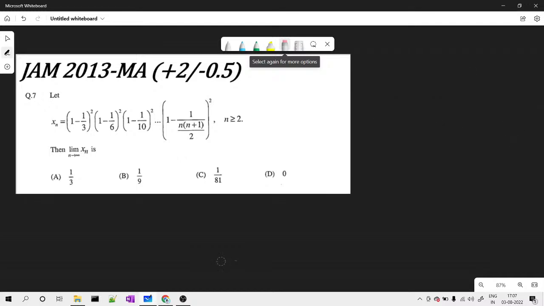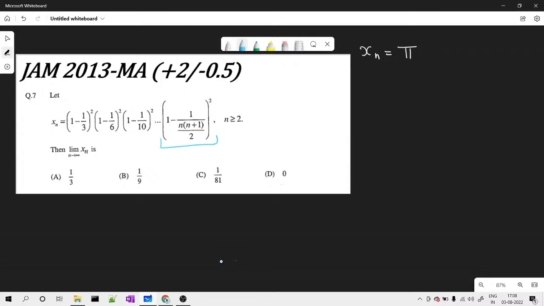First thing is to understand how the sequence works, and now let us try to write the sequence in a simple form, in terms of a product. I know that xn is a product of n minus 1 terms, where the terms are obtained using this formula.